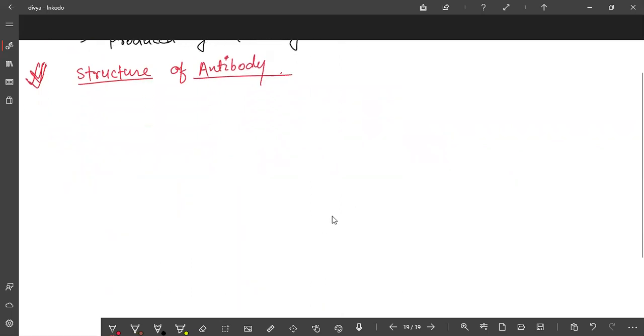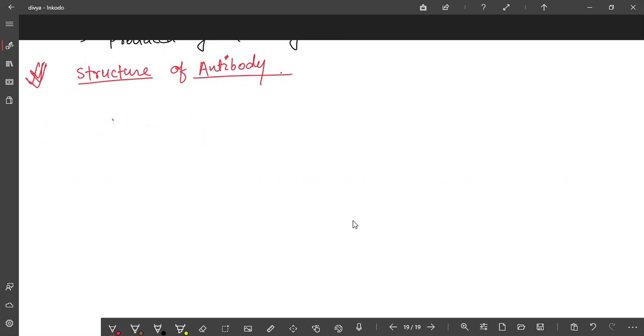In a 3 marks question also, this structure of antibody comes in your board examination. So if you see the structure of this antibody, then you will come to know that this is generally a Y-shaped structure. What is the shape of antibody? This is Y-shaped.